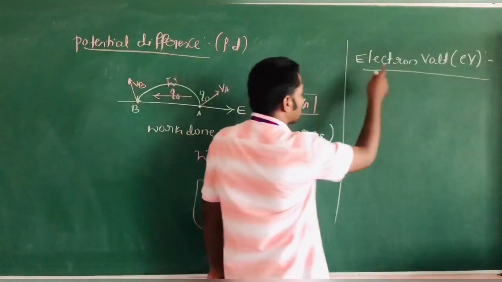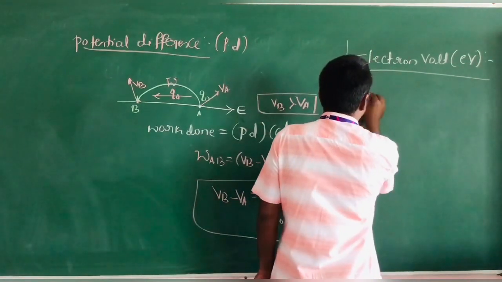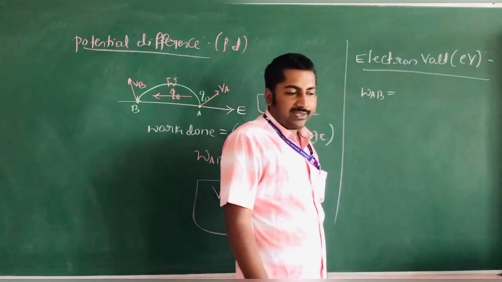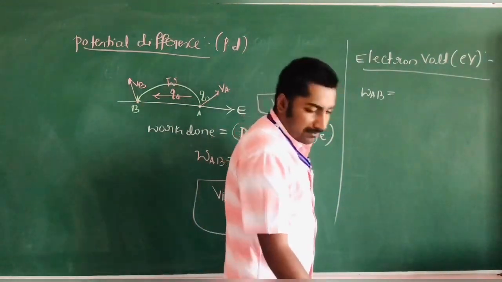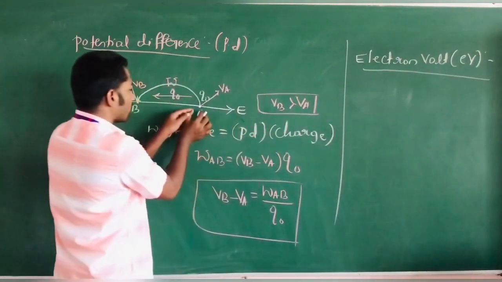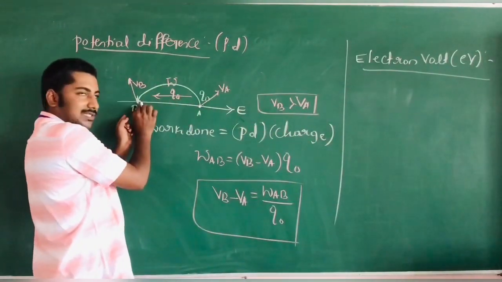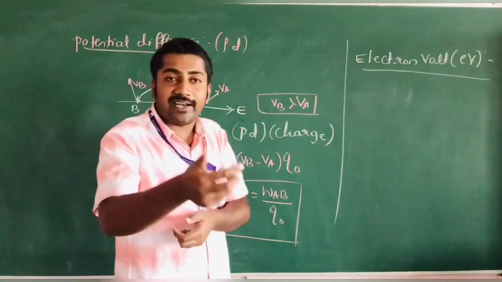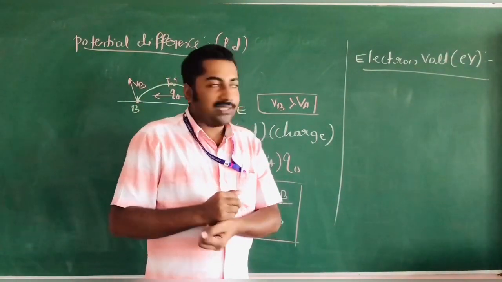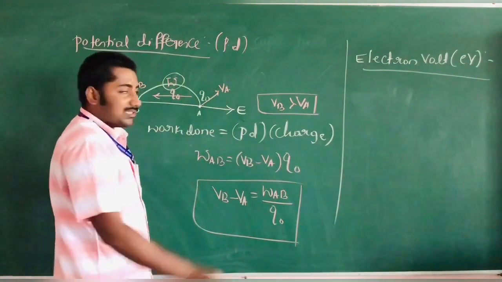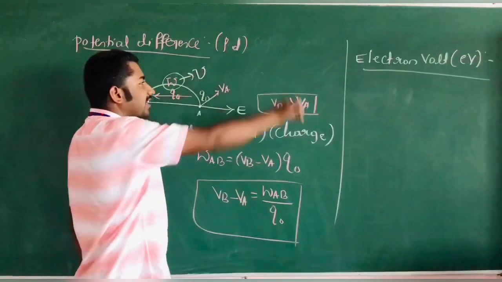Now, when an electron moves from point A to B, or a unit positive charge moves from point A to B, it gains a certain energy during its journey, and that energy is equal to the work done. This work done is equal to the potential energy.